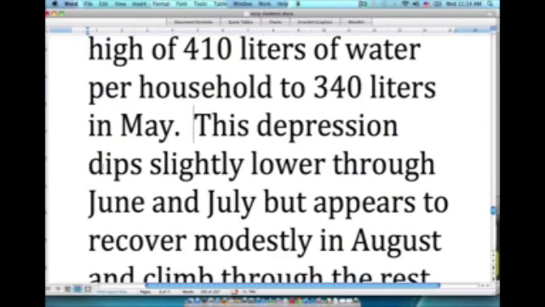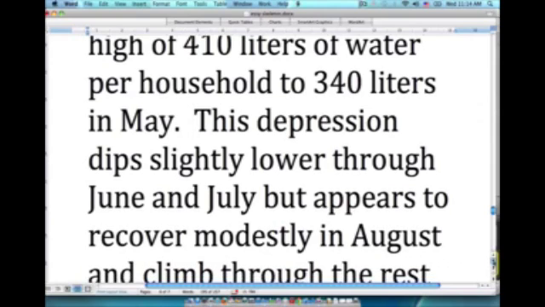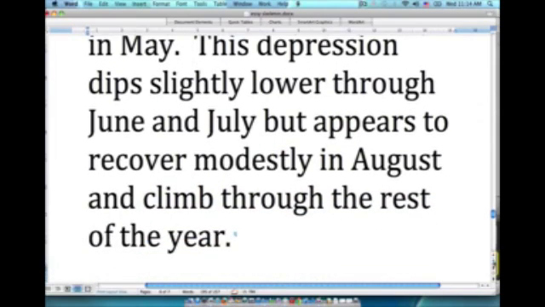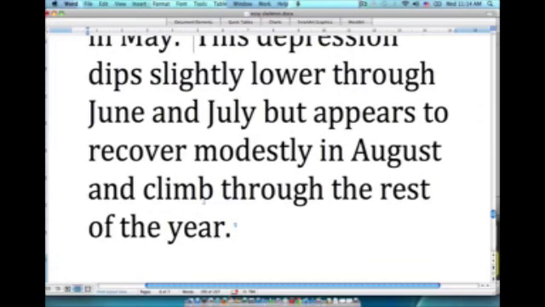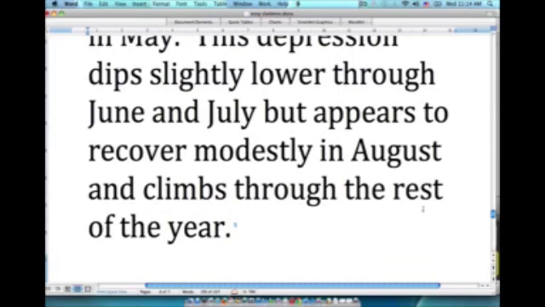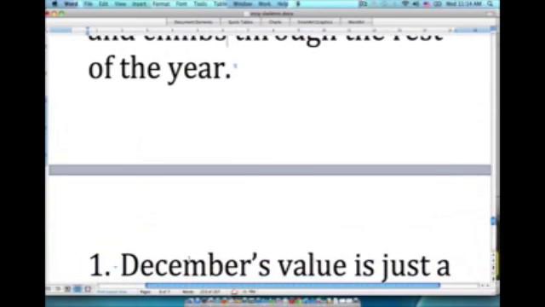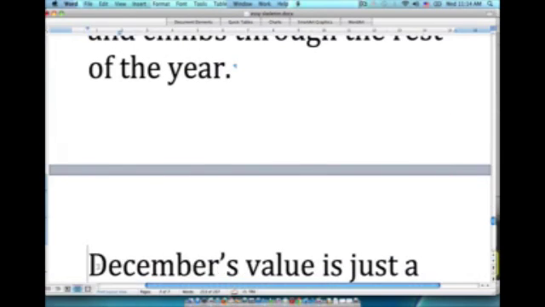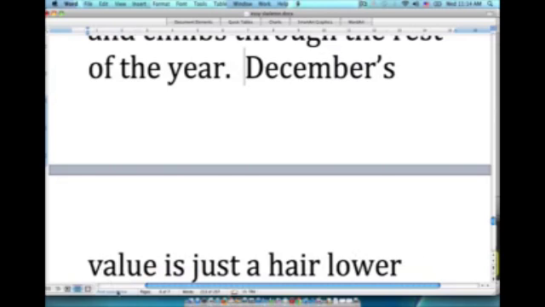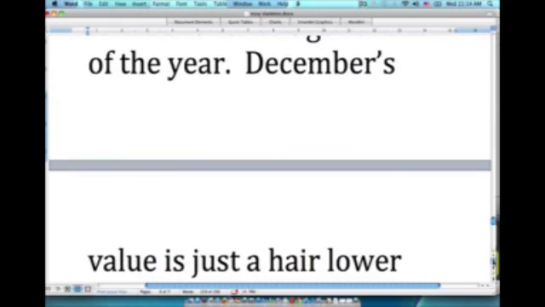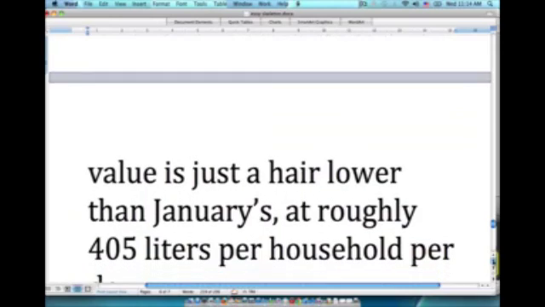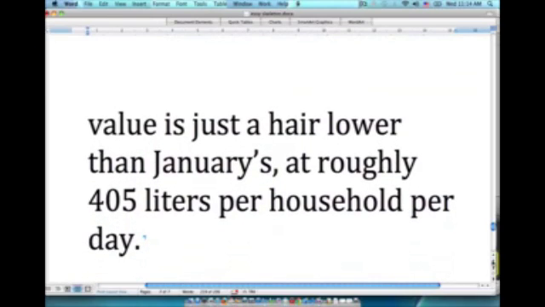This depression dips slightly lower through June and July, but appears to recover modestly in August, and climbs through the rest of the year. December's value is just a hair lower than January's, at roughly 405 liters per household per day.